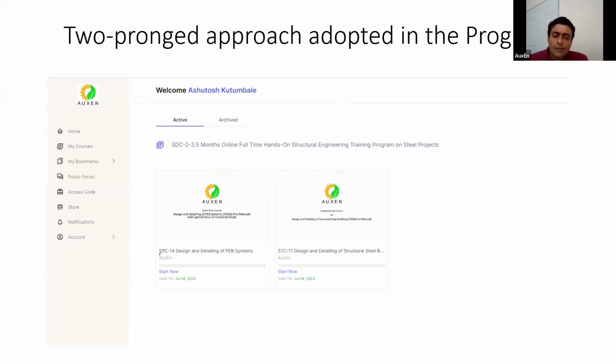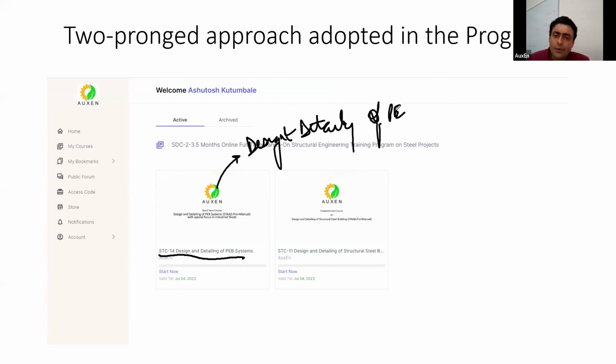The other course that has been added is STC-14. This is another course that we conducted in the past, and it covers the design and detailing of PEB systems. For our third project, the industrial shed, it would be beneficial to refer to this STC-14 course.